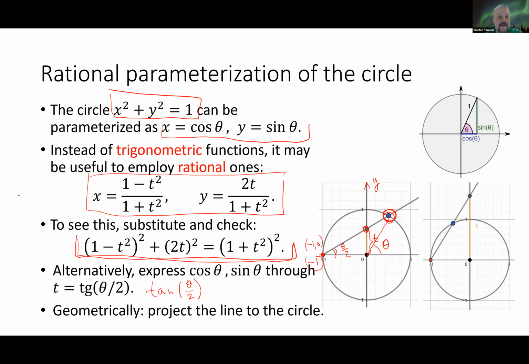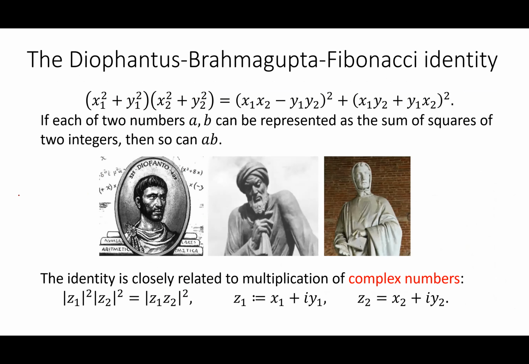So then let me tell you a different story. This story is also very classical and rather simple. It's called the Diophantus-Brahmagupta-Fibonacci identity, named after three distinguished mathematicians of the past who didn't work together, of course, because they lived in different places and different times.